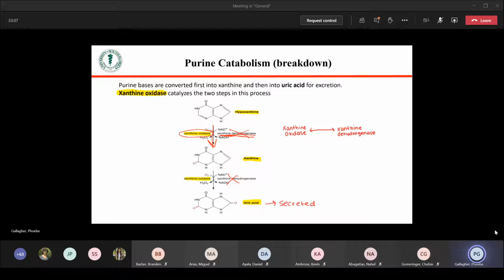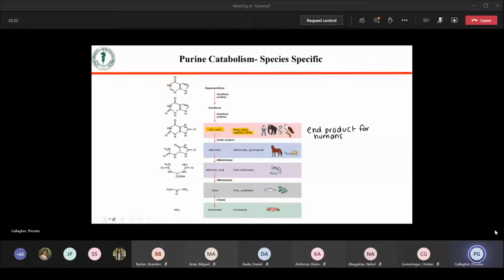So don't worry about that. Just remember xanthine oxidase is important for converting both hypoxanthine into xanthine, and then again for xanthine to turn into uric acid so that it can be secreted through your kidneys. And really here she just wants you to understand that uric acid is the end product for humans. Don't worry about anything else, just humans.